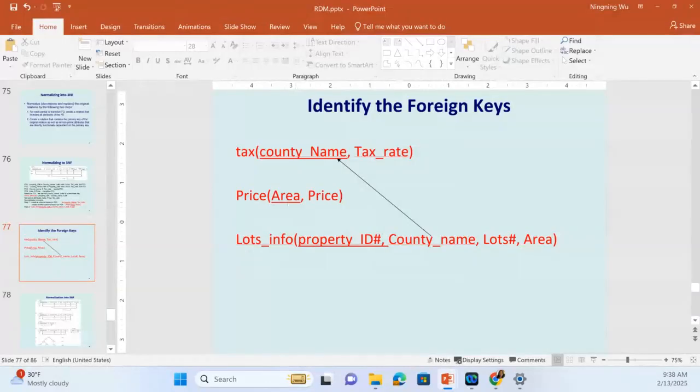Then we go to the second one, price. The price table has only one key, which is area. So we just see if there's any area in one of those relation schemas. I want to emphasize that sometimes two attributes mean the same thing but may use different names. In this example, when we did the normalization process, we didn't rename the attributes.